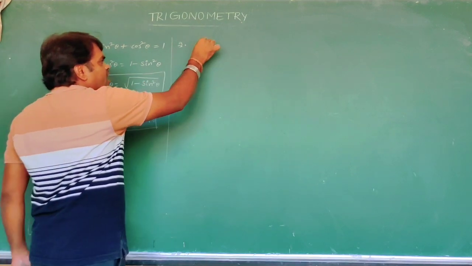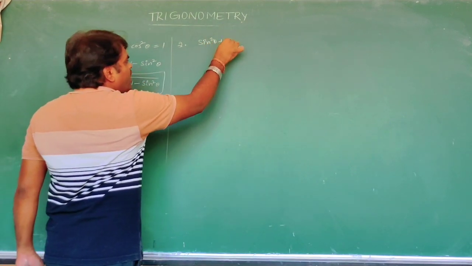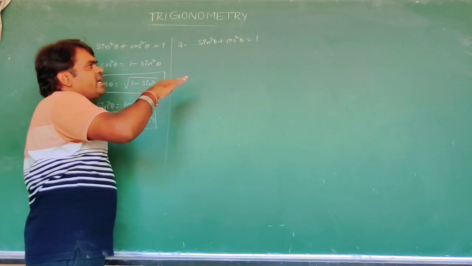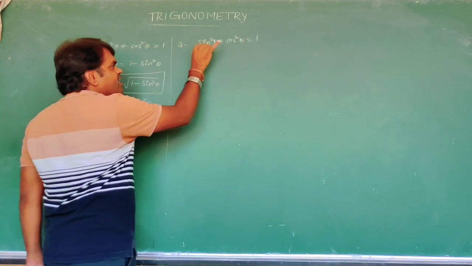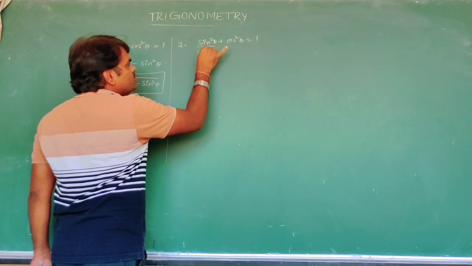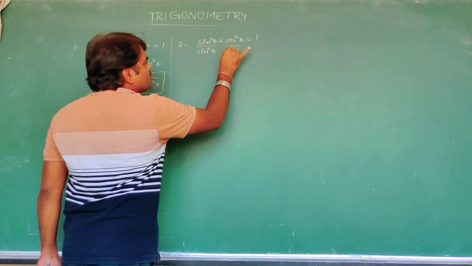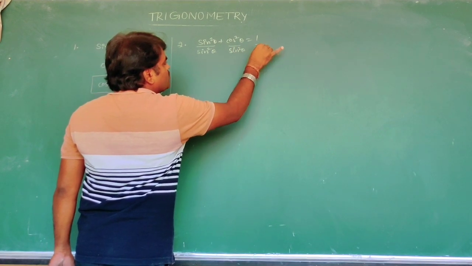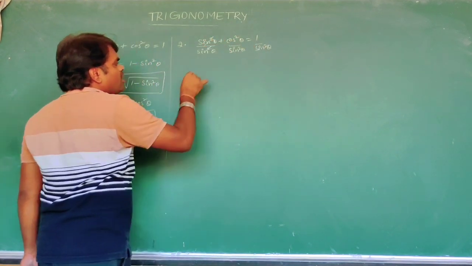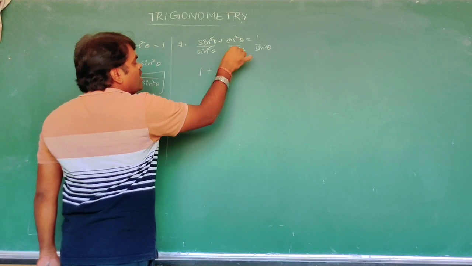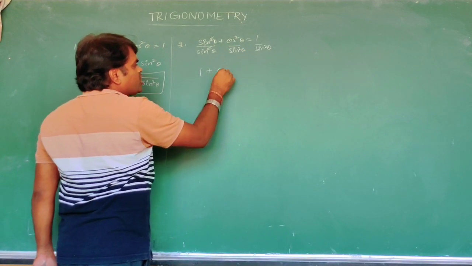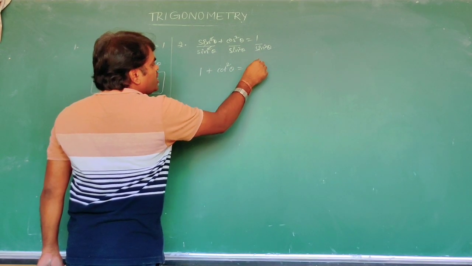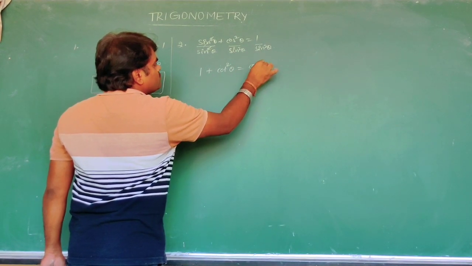That is sine square theta plus cos square theta is equal to 1. Here, divide both sides by sine square theta. Then 1 plus cos by sine, which is cot square, is equal to cosecant square theta.